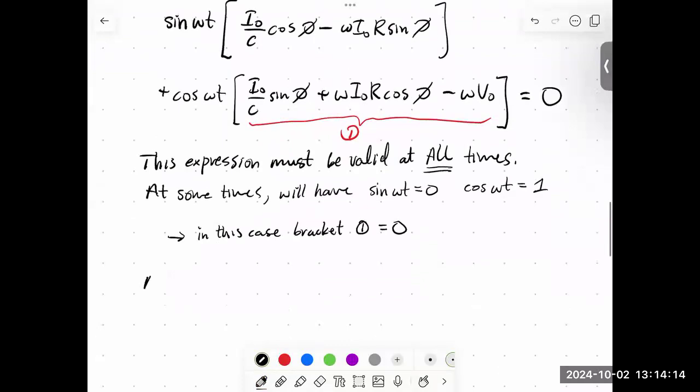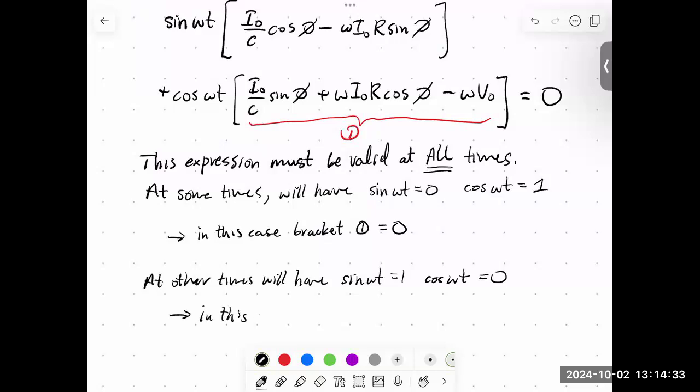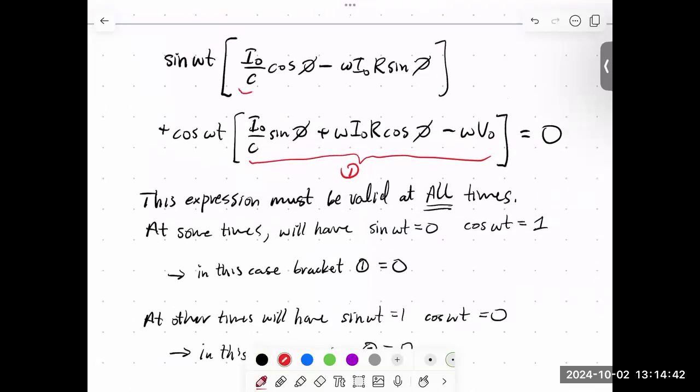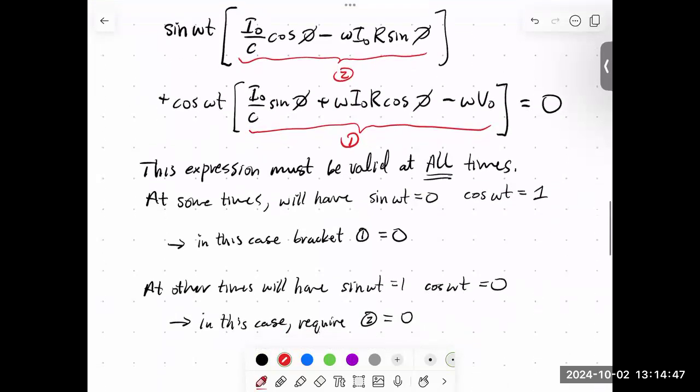Okay, so at other times, we will have the opposite. Sine omega t is equal to 1, and cos omega t is equal to 0. In this case, we will require that 2 is equal to 0, where I will call this 2.